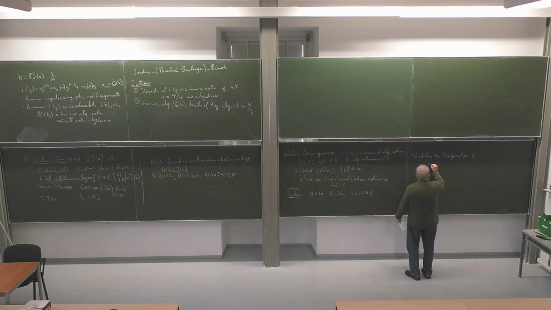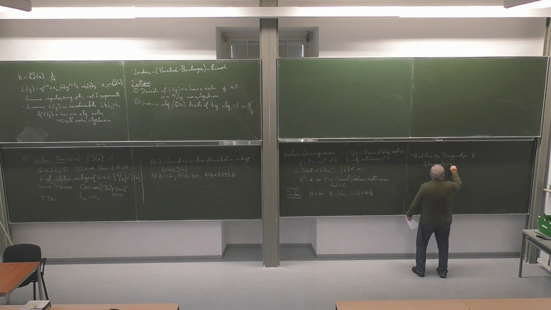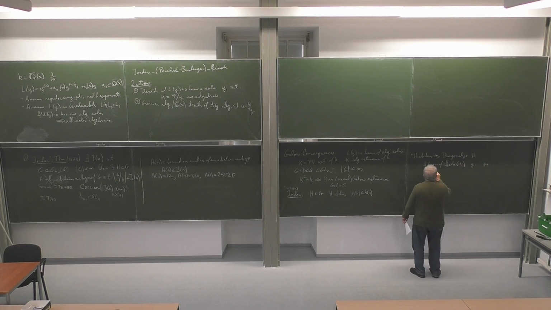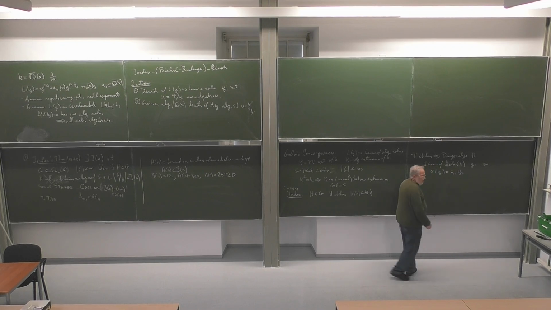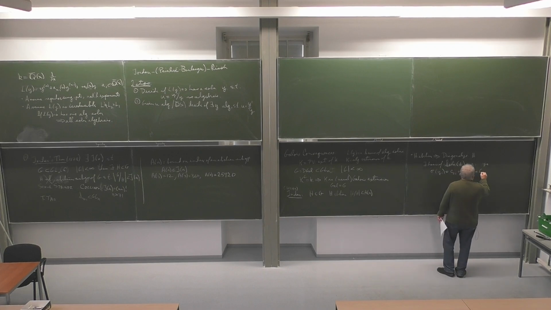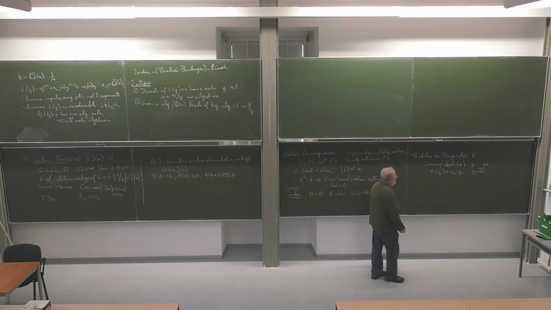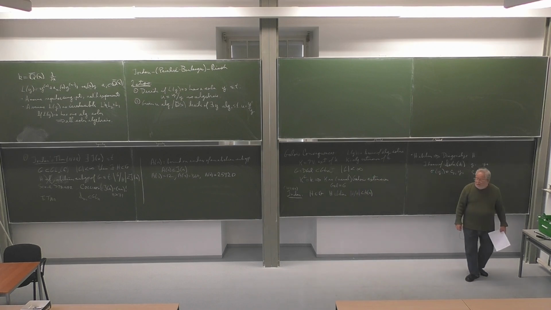So there exists a basis of solutions of L, y1 through yn, so that sigma of yi is a constant, which depends on sigma and i, times yi. That's what diagonal means.